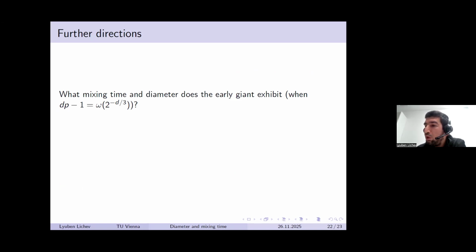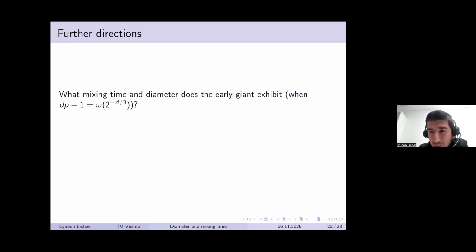I'm going to finish with 3 open questions. I think the first one is one of the famous open questions of Remco. He really likes this question. Remco asked us, can you do the barely supercritical regime? So can you say something around 1 plus little o of 1? Our methods extend maybe to some decreasing epsilon, but we don't really know what happens there.